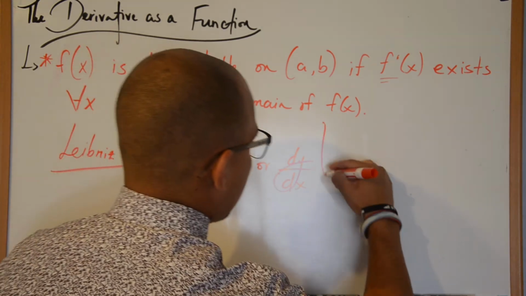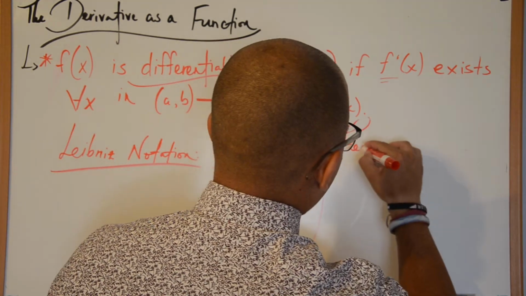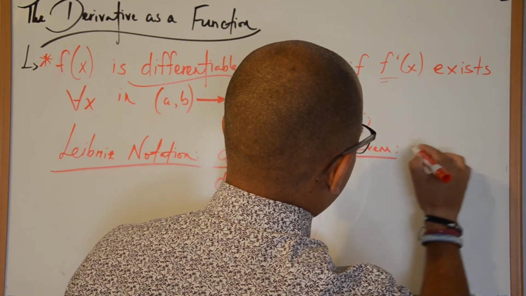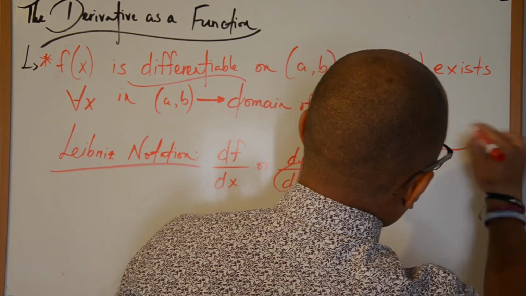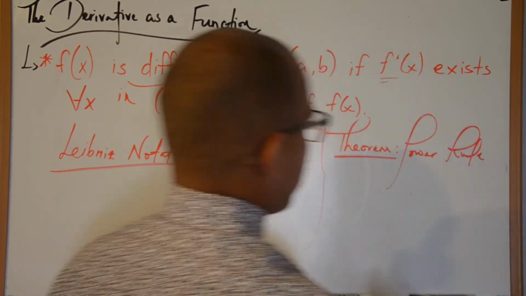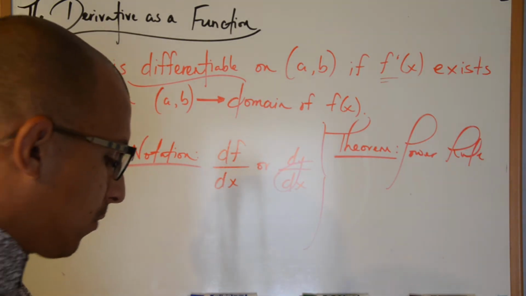And as I said in our last video, we're slowly going to make our way to the fun stuff, so a little quicker than expected, the power rule when it comes to differentiation.